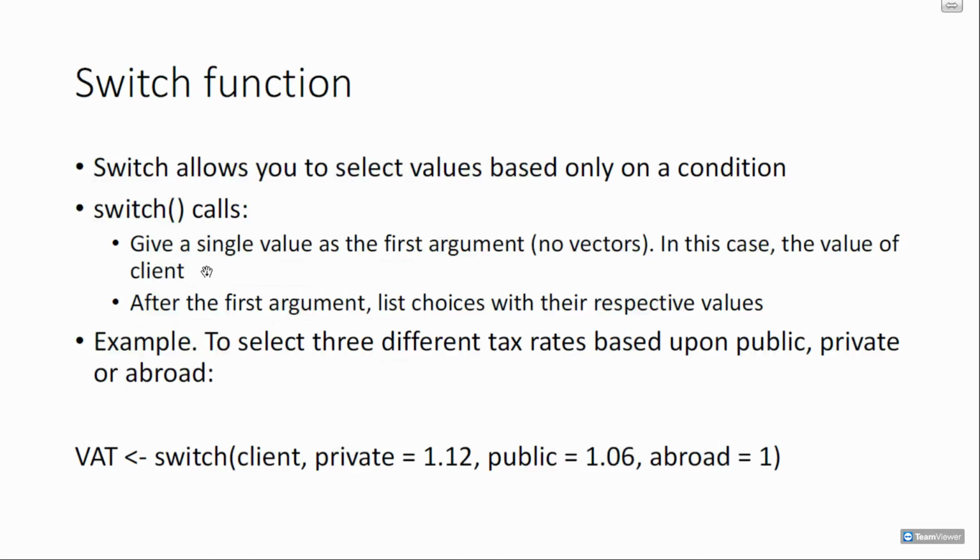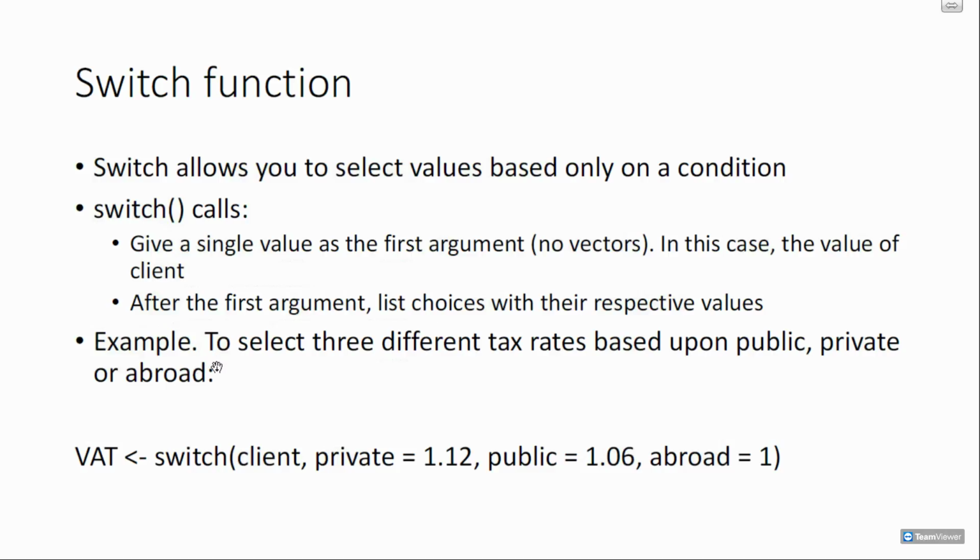So switch operates on one single value, which is going to be the first argument that you're giving to the switch function. And this does not take vectors. It operates just on one value, and based on what the value of that first argument is, you have to provide it a list of choices.